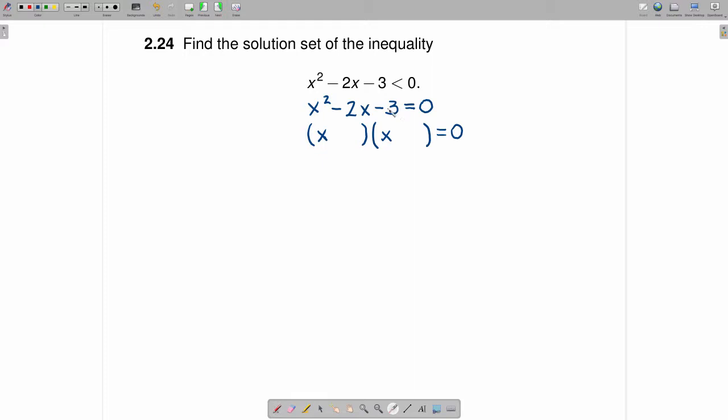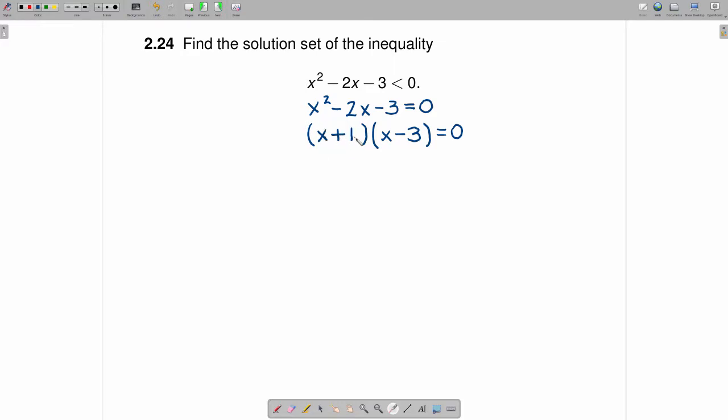And because we have a negative 3, we can put a 1 and a 3 in these positions. Now the last step is to figure out whether this should be plus and minus or minus and plus. Because we have a negative 2x up here, this should be a plus and a minus when it is factored.